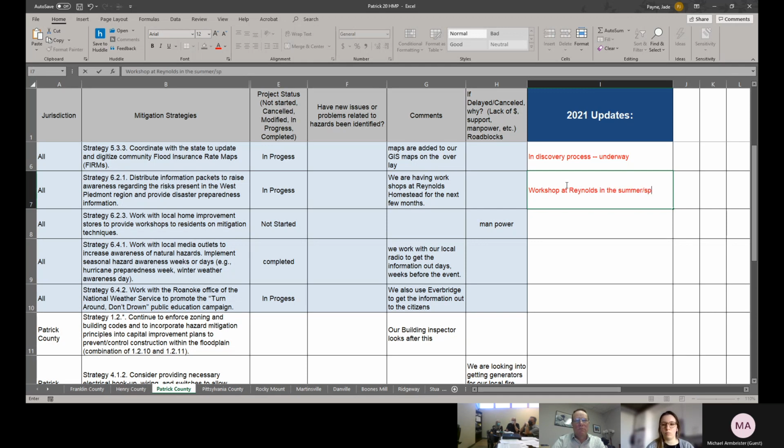It was getting people prepared for power outages, major events, how to sustain yourself for days, weeks at a time. And part of the CERT team, the county CERT team, got that up and running.